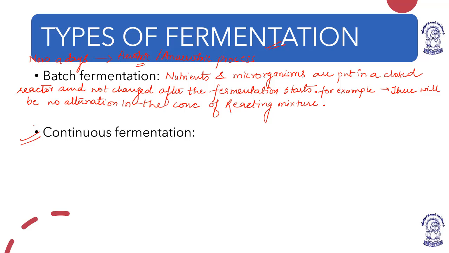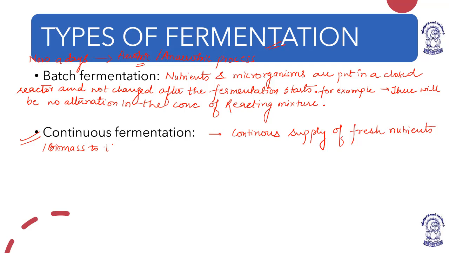Continuous fermentation. In continuous fermentation, the nutrients are replaced as fast as they are used. So we have a continuous supply of fresh nutrients or biomass to the reactor. Understood?